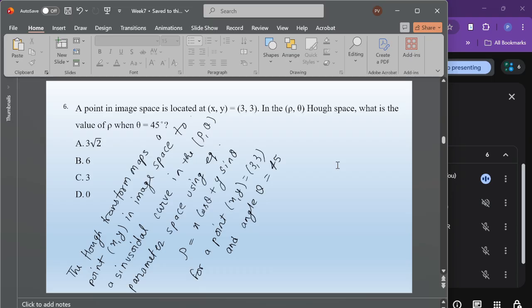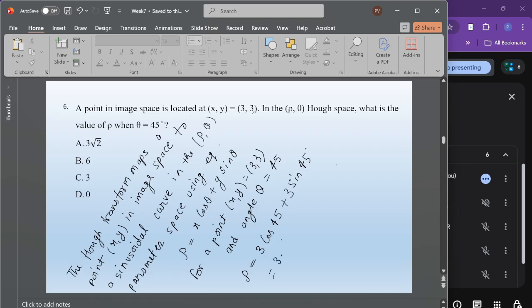So for a given point xy is equal to 3, 3 and angle theta is equal to 45, now put in this equation, we will get the value of rho. X is 3, already we know that. Cos theta is 45 degree, it is given. Plus y, again 3 is given, and sin 45 degree. So now just calculate the values of cos 45 and sin 45.